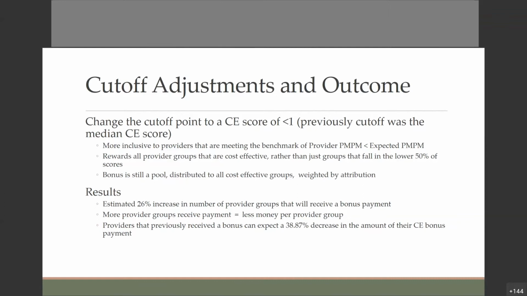So we're going from about 250 providers receiving one every quarter up to 350 to 400 providers receiving a bonus every quarter. So that means that providers that have previously received a bonus can expect a decrease in the amount of their cost effectiveness bonus payment.